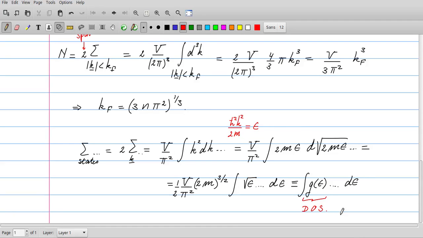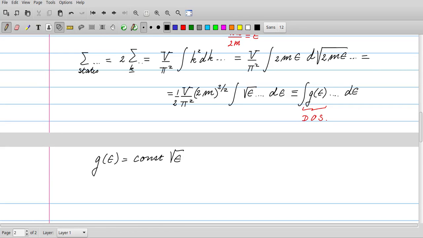So it tells us how many levels, how many states there are available to the electrons with energies in this small energy interval delta epsilon. So g(epsilon) d epsilon gives us the number of states available to the electrons in the interval delta epsilon.